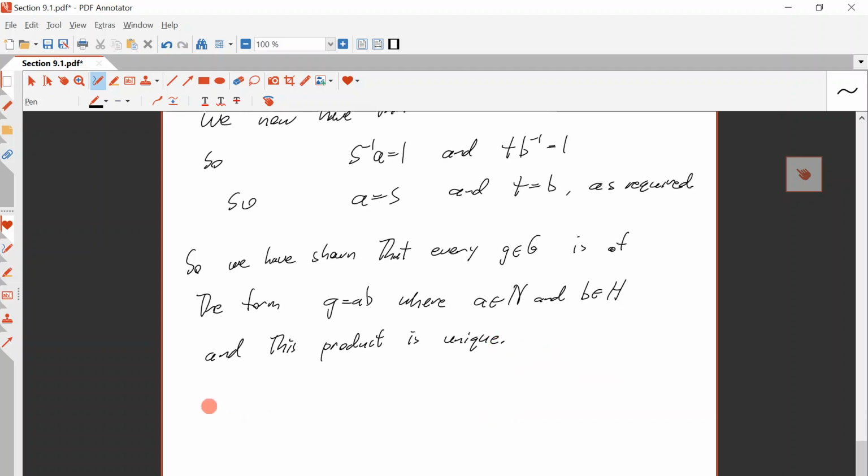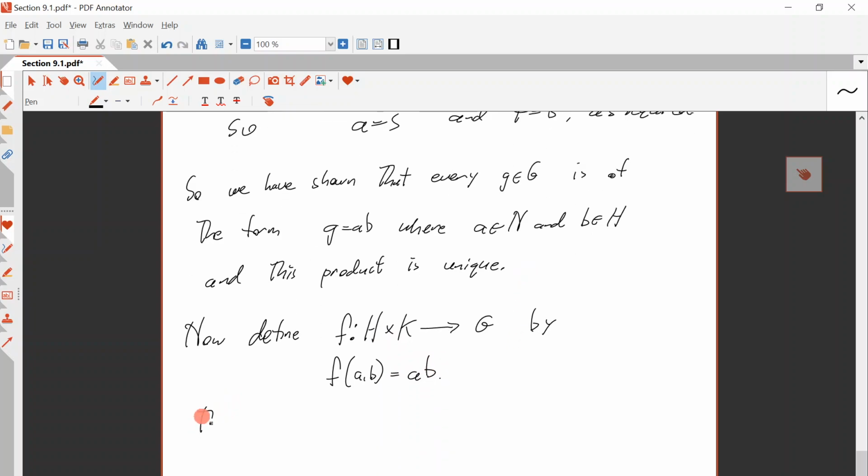Okay, so define F from H cross K to G by F of A comma B, so that's an element of H cross K, is equal to the product AB.